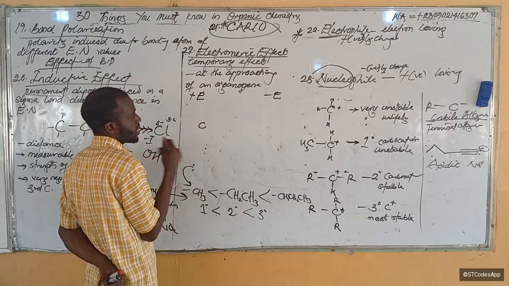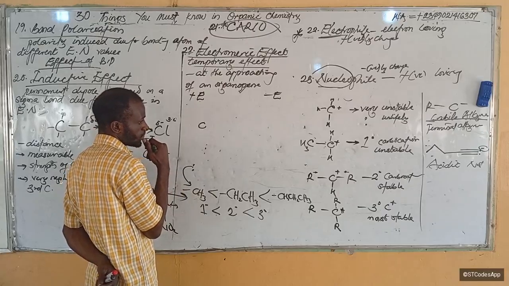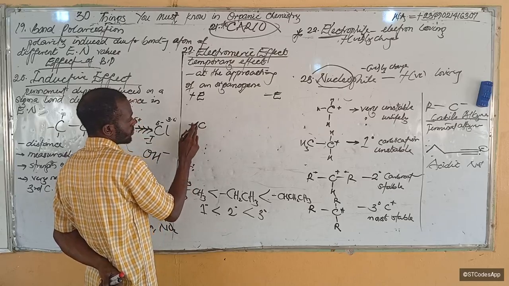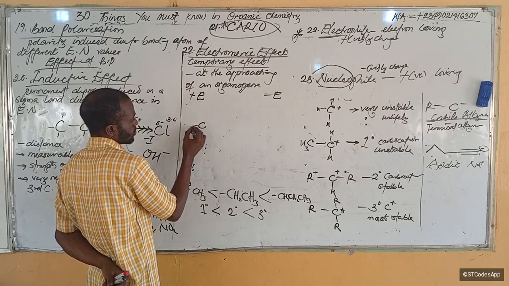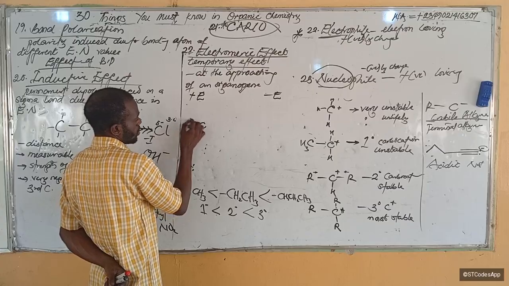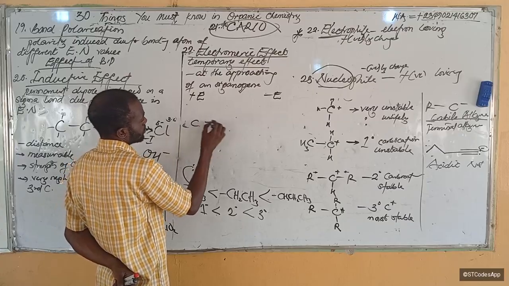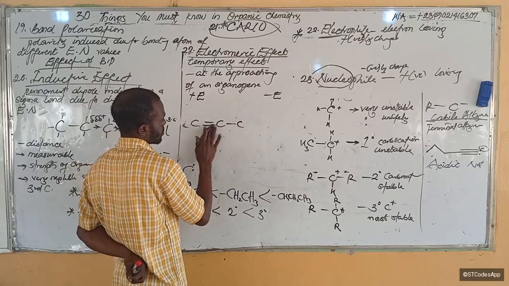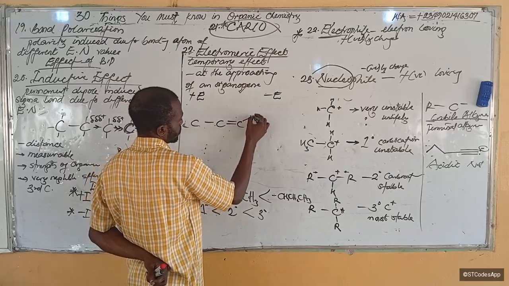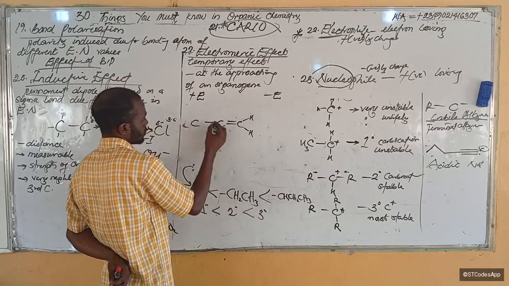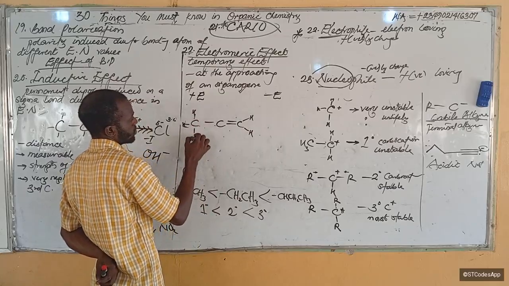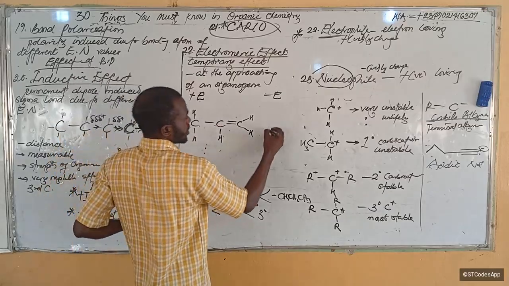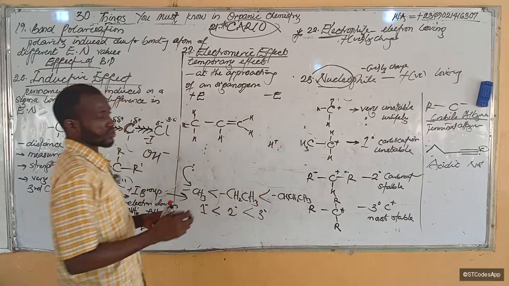Now, let's use a case where C is double bound. Now, this guy is to be approached by this organogen.